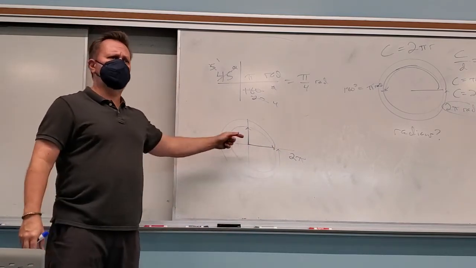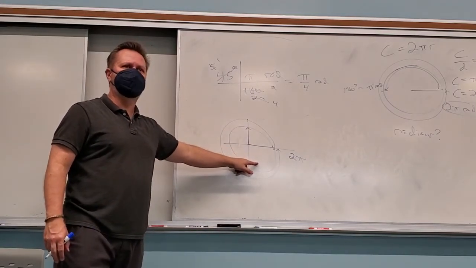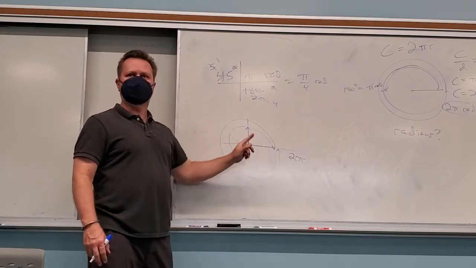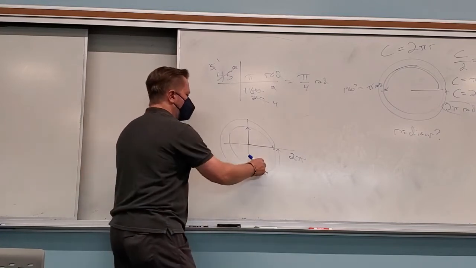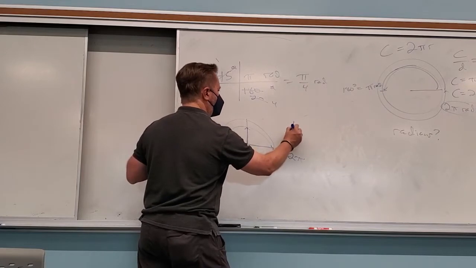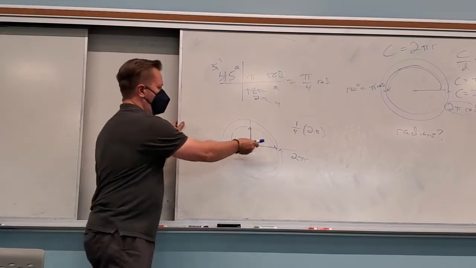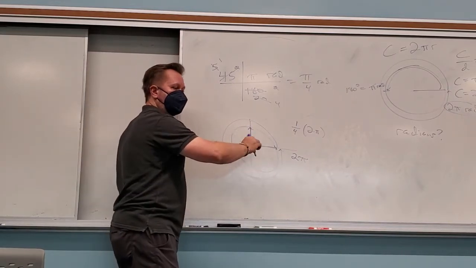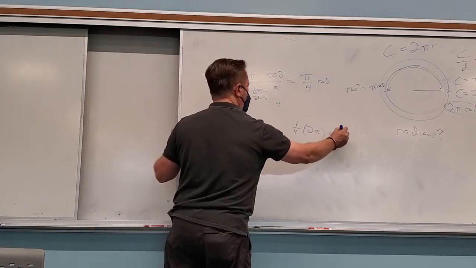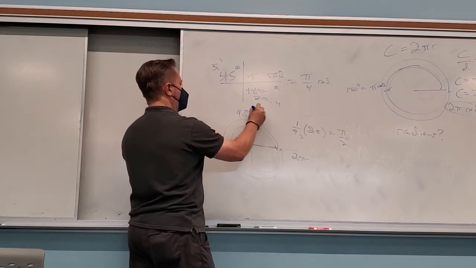Which is why we call these quadrants, because you're split into 4. So this would be 1/4 of 2 pi, which is pi over 2. So 90 degrees is the same thing as pi over 2.